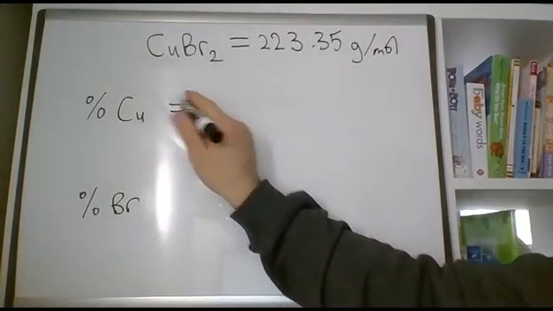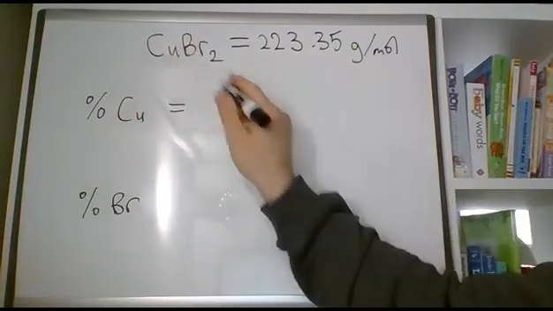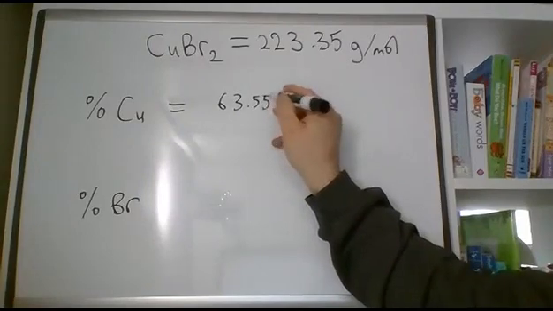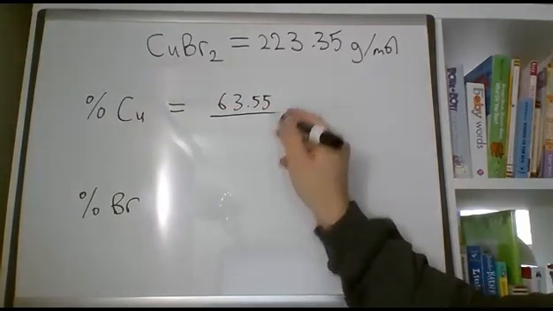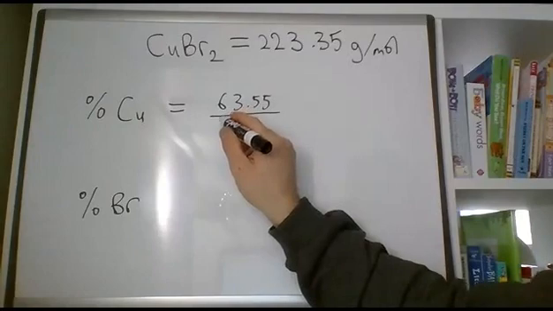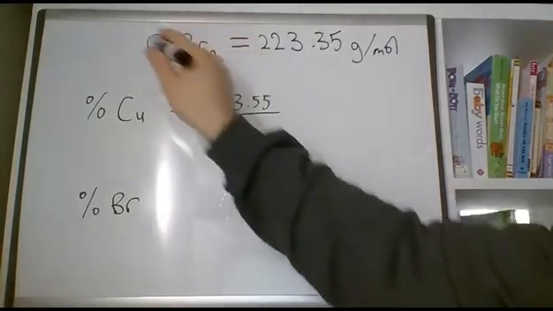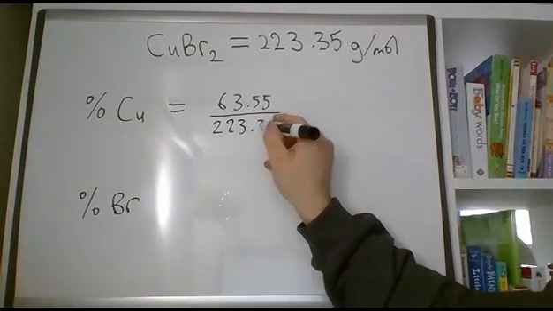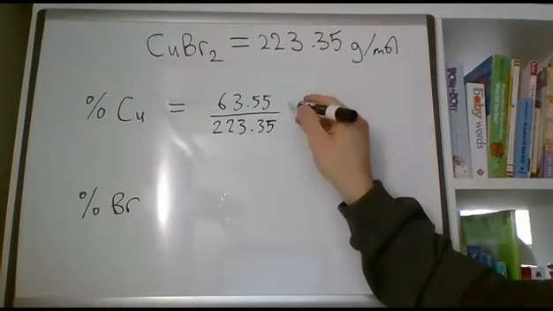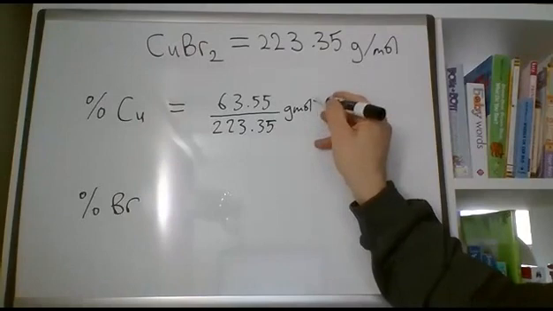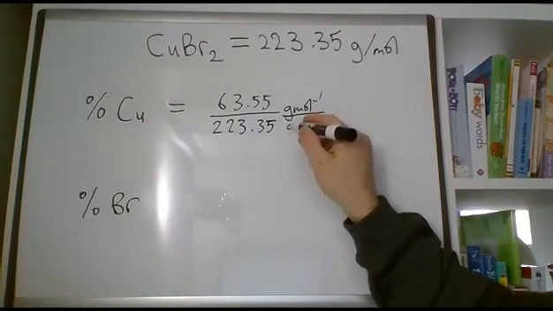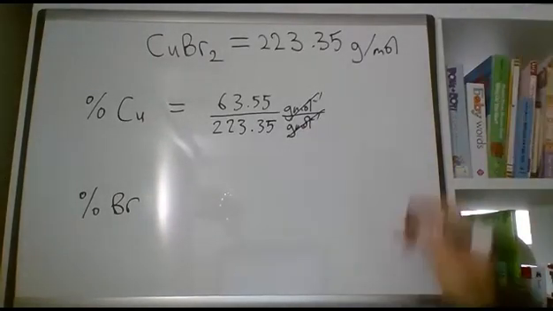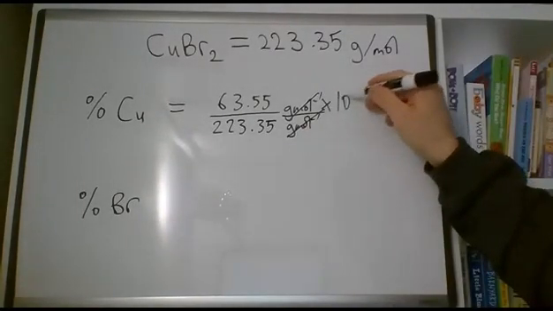Okay, so now we're in business. So I know that copper is only 63.55 out of the whole thing, copper plus 2 of those, which is 223.35. The units are grams per mole in both cases, so the units just cancel, it's a unitless number. And then I multiply that by 100%.